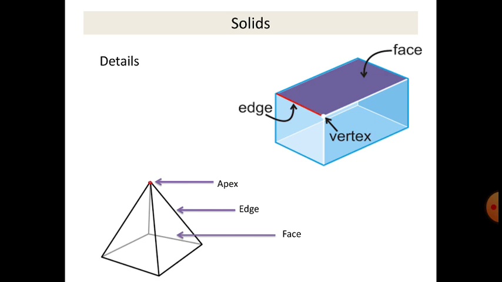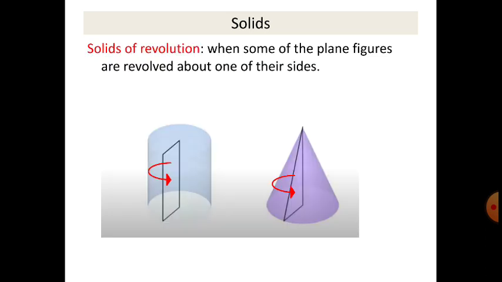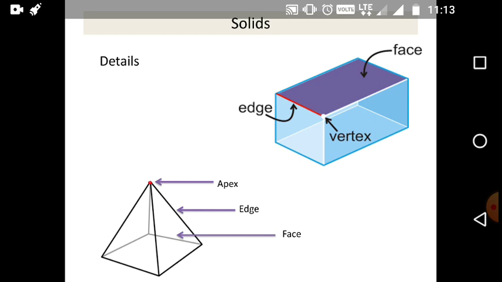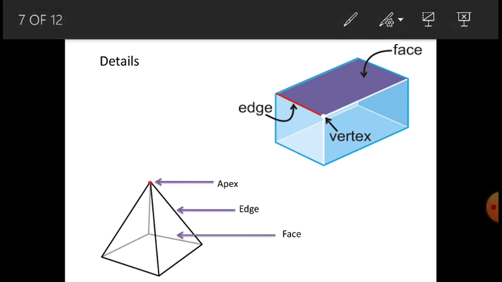Now we will come to the details of the solids. We will try to understand the different parts of the solids, okay. As you can see, when two surfaces meet, it is marked by a red color.